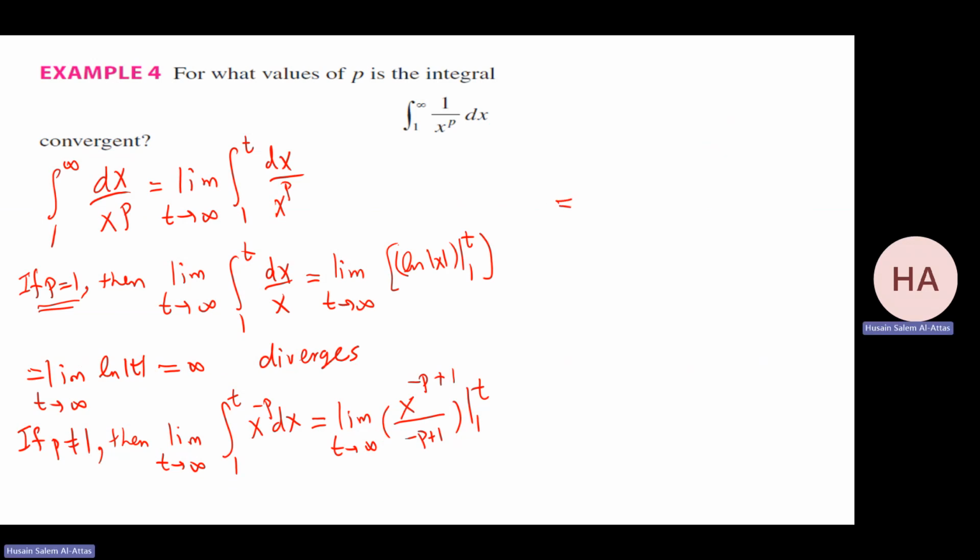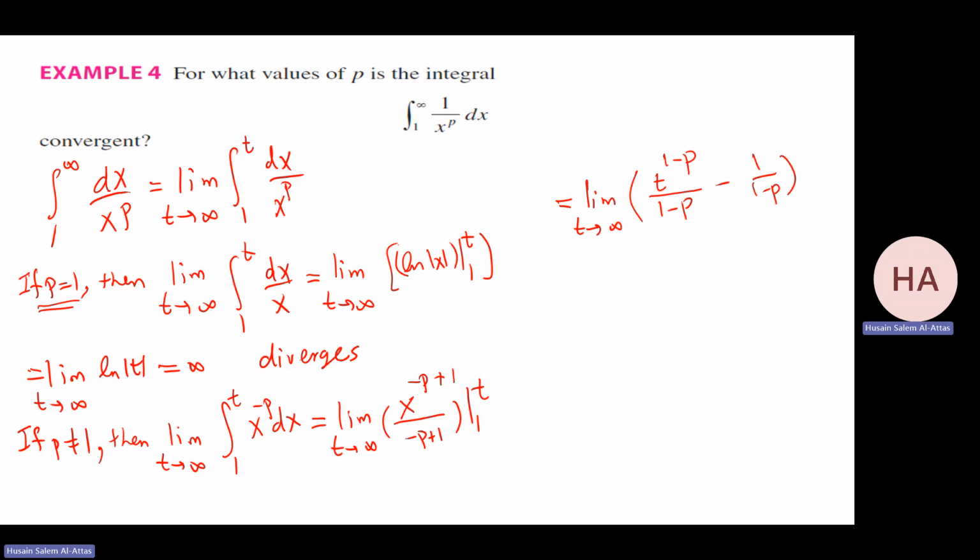That equals the limit as t goes to infinity of what? t to the power minus b plus 1 over, you make it 1 minus b, better, over 1 minus b, minus, if x equals 1, that will be 1 over 1 minus b.